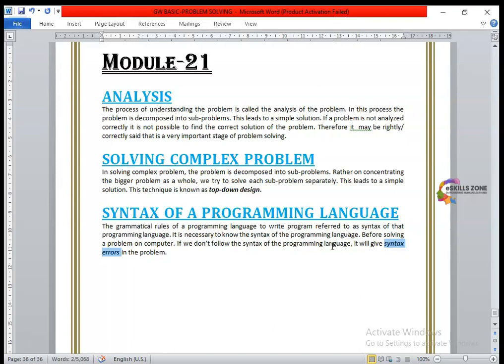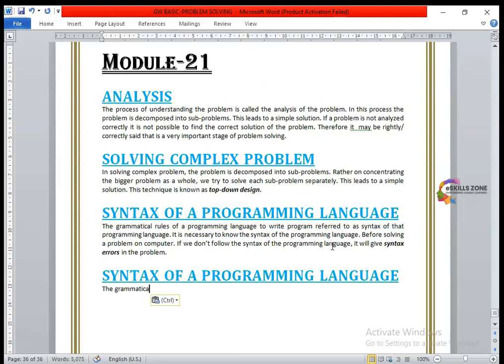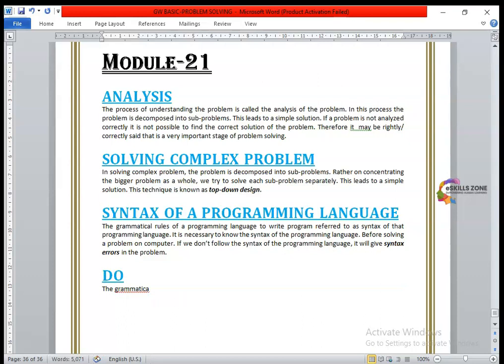The next definition is the documentation, which is used in problem solving. One more important definition: documentation. What is the role of documentation in problem solving?